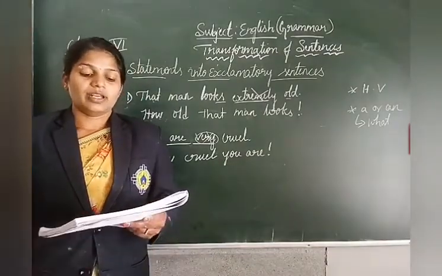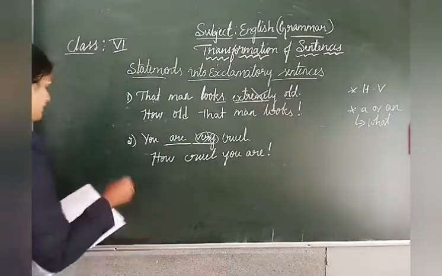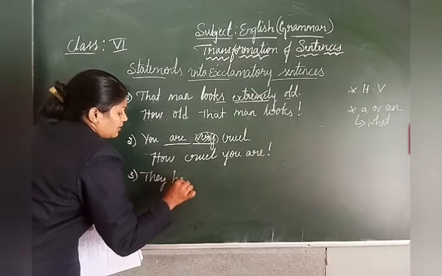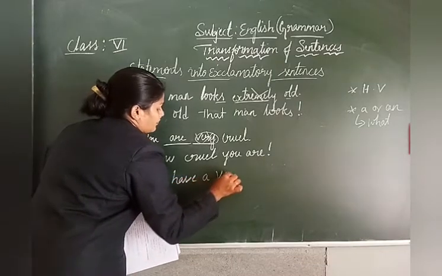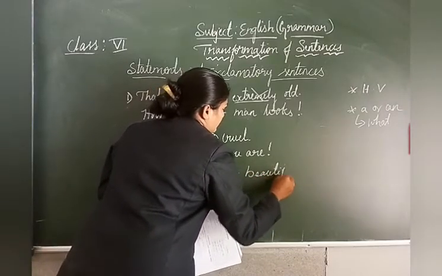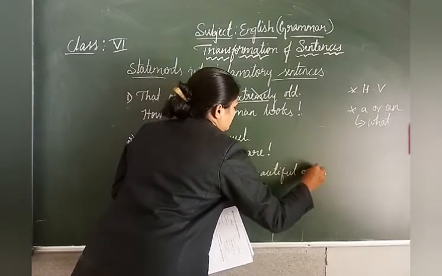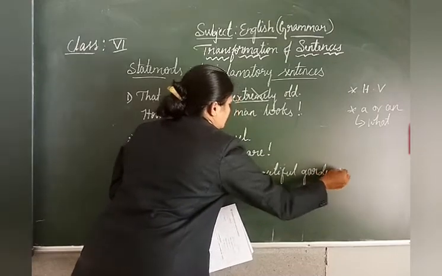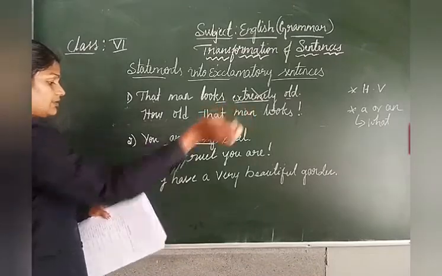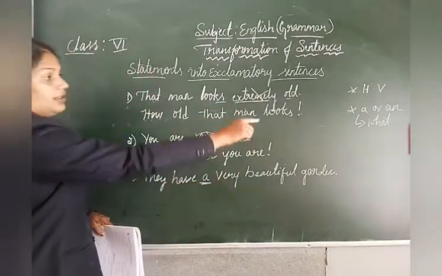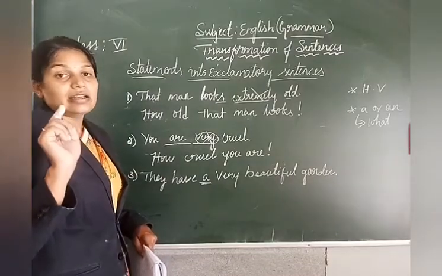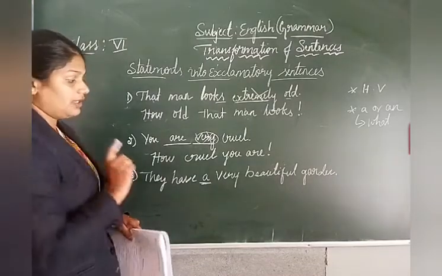They have a very beautiful garden. So how can we change this? Here we already told that if a or an is there, your sentence should start with "what".